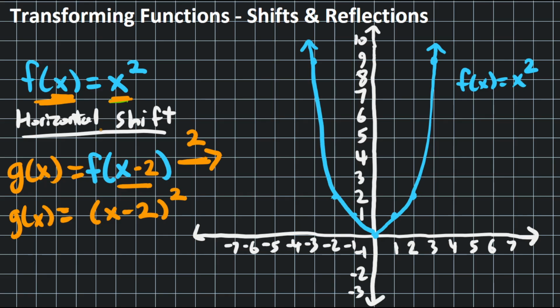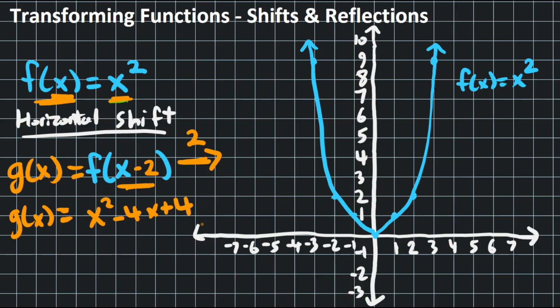So if the input was x minus 2, our output is x minus 2 squared. And you can tell this is a binomial squared, so you can use FOIL to expand it. If you decide to expand it, then this comes out to x squared minus 4x plus 4. So I'll go ahead and write that down, x squared minus 4x plus 4.